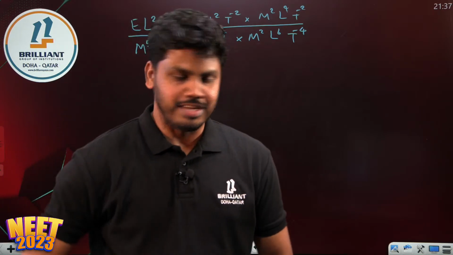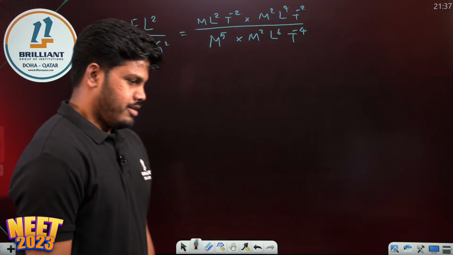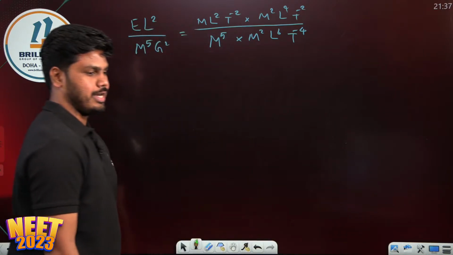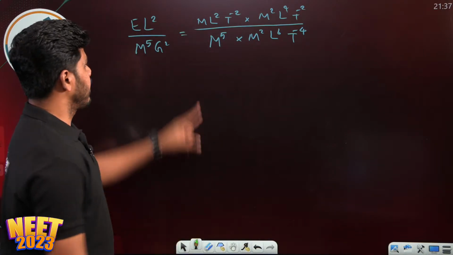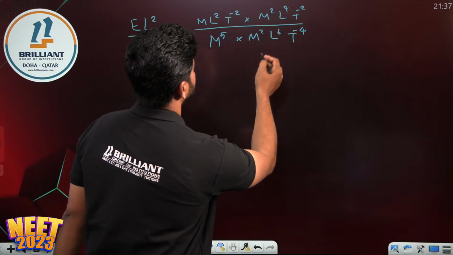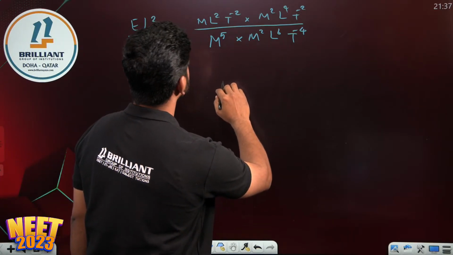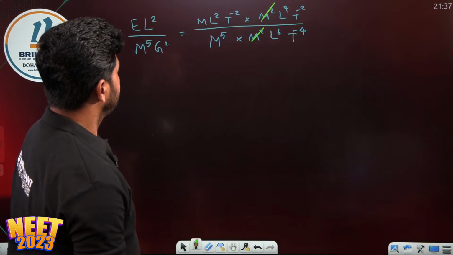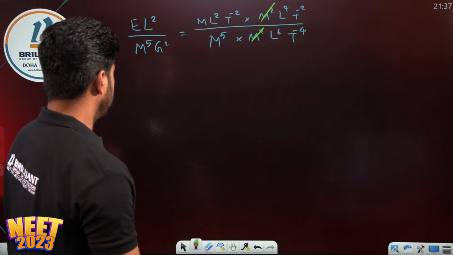Ready for cancellations. You can cancel many of the quantities and find out what is remaining finally. We have m squared already cancelled, correct?